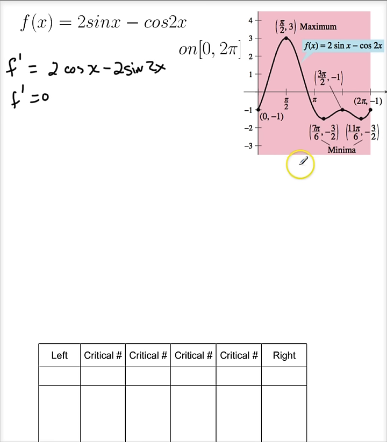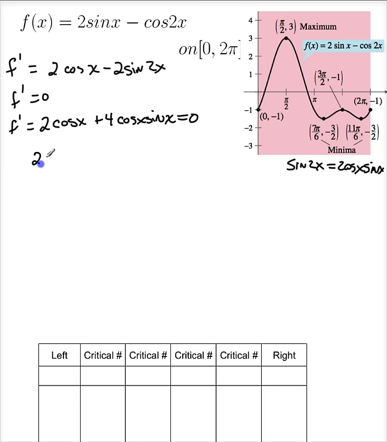I know that sine of 2x is 2 cosine x sine x. Remember those? So I'm going to rewrite this. f prime is 2 cosine x minus 4 cosine x sine x. Now where does this equal 0? Remember, we're going to factor things out. So this is 2 times cosine x times (1 minus 2 sine x). Now we can see where this equals 0.